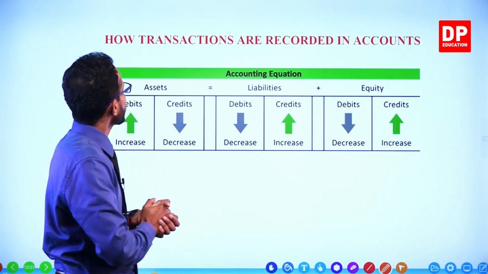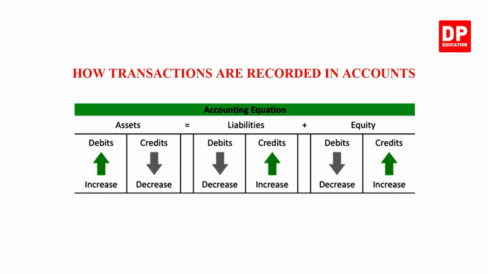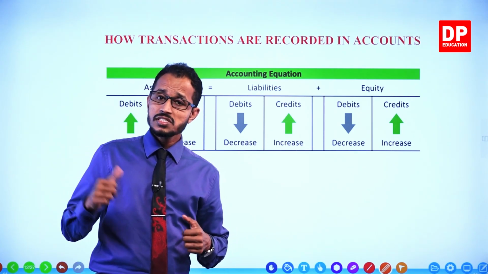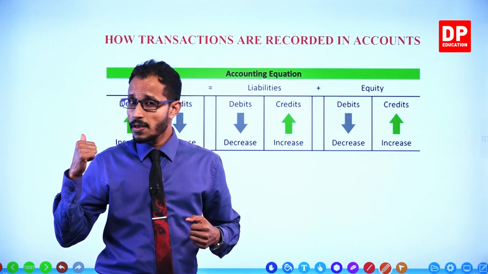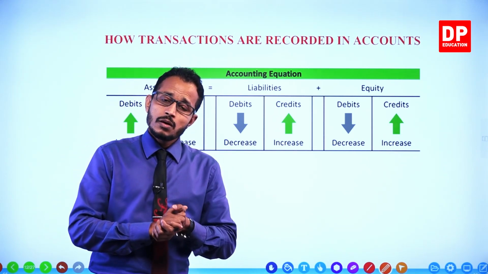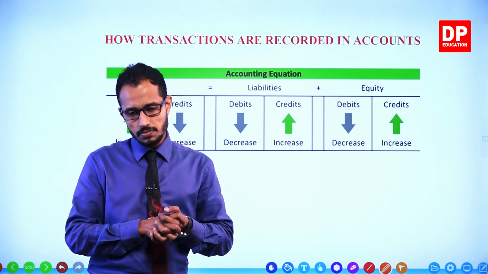Having said that, children, I want to draw your attention to the screen. I have included this slide here to better demonstrate how debits and credits happen. In the previous session, the one before this, I brought to you the double entry principle.